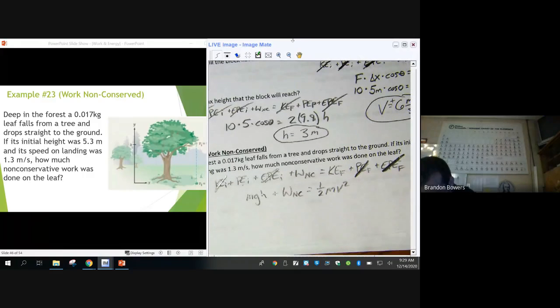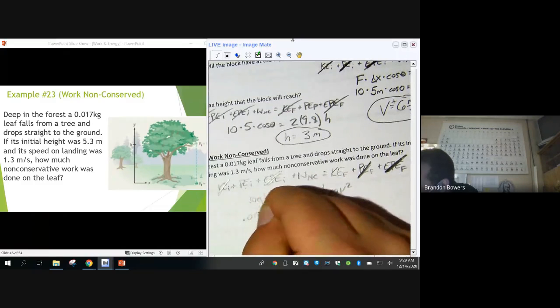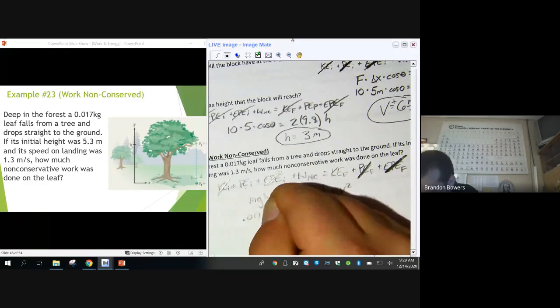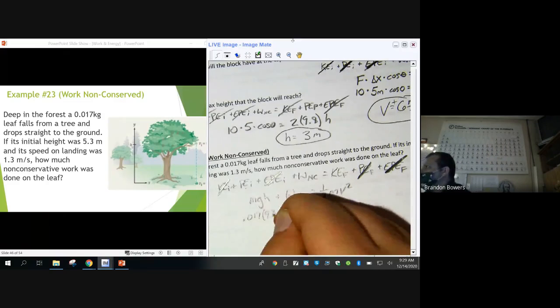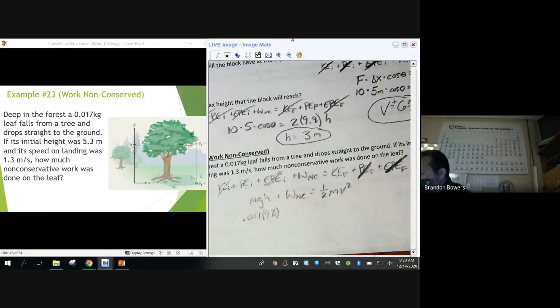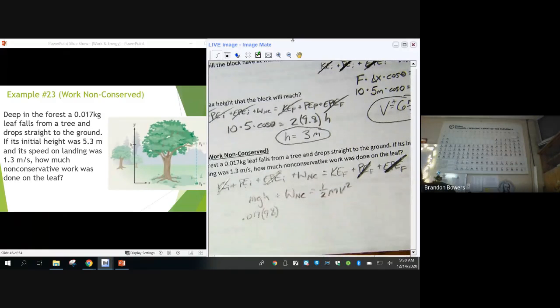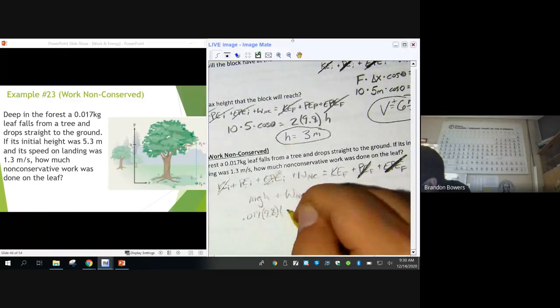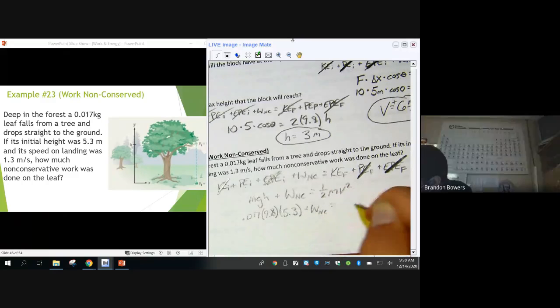Okay, so let's plug in the numbers we know. Mass, we know the mass is 0.017. Do we know gravity yet? I feel like that's just going to be engraved in your brains for the rest of your lives. But now I'm going to question, is it negative or positive? That's a great question. The initial height was 5.3. I don't know work non-conserved because that's what I'm solving.